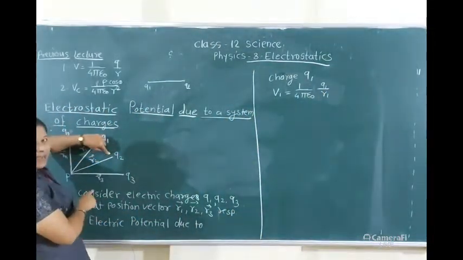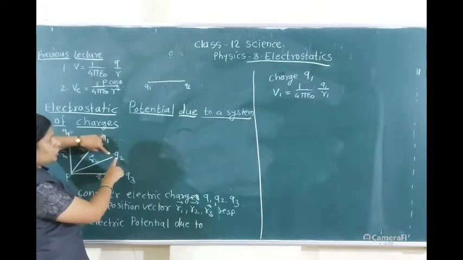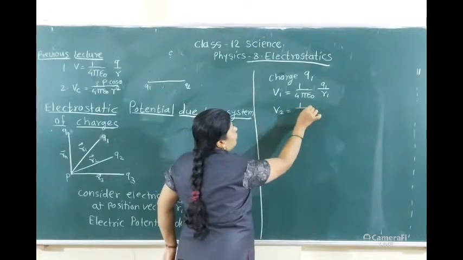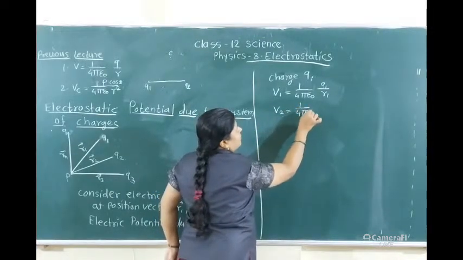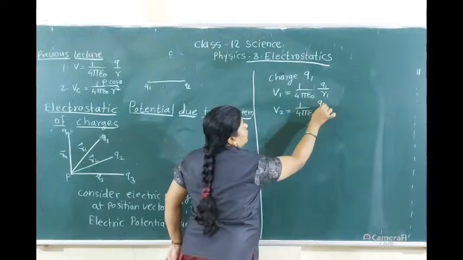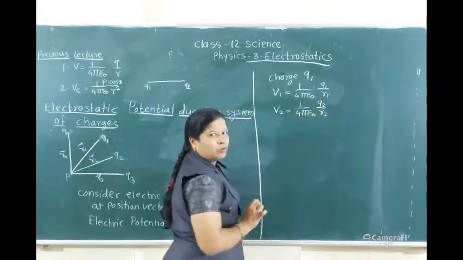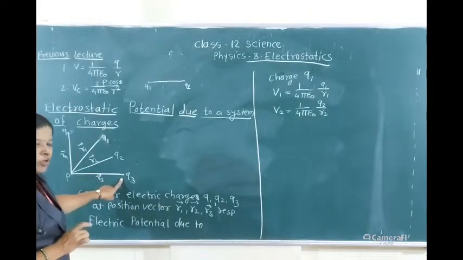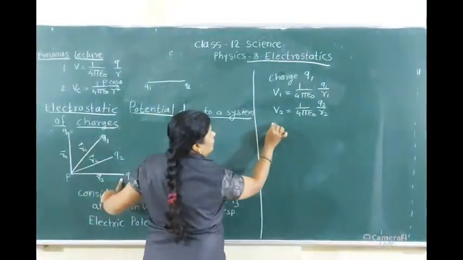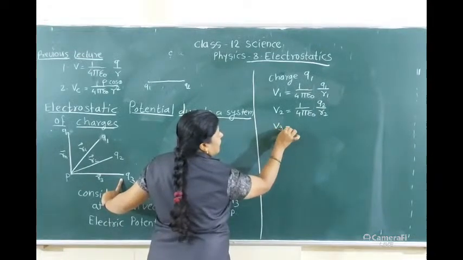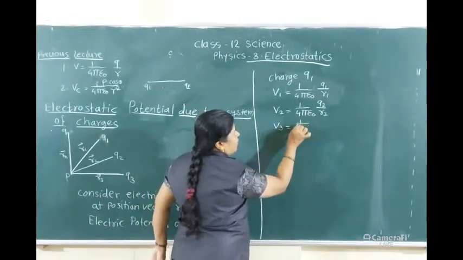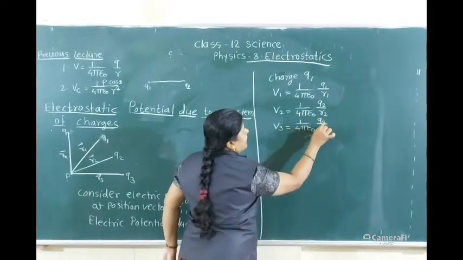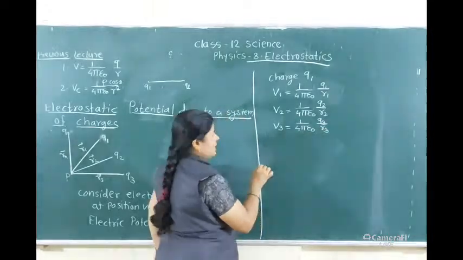Similarly, the electric potential due to charge Q2, phi2, is equal to 1 upon 4 pi epsilon 0 Q2 divided by R2. Similarly, for the electric charge Q3, we get the electric potential phi3 is equal to 1 upon 4 pi epsilon 0 Q3 divided by R3.